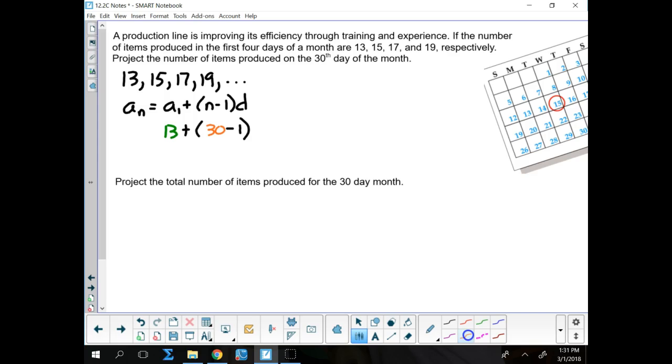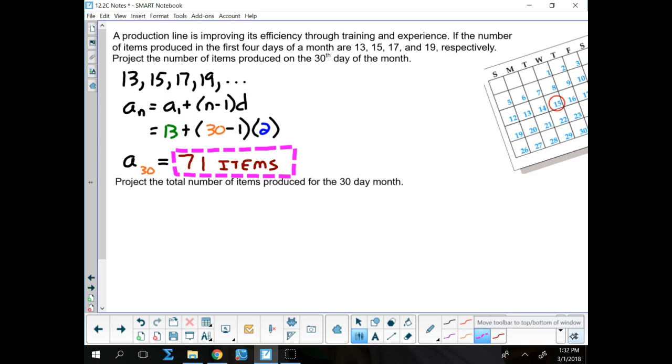Plus 2. So A sub 30 is going to equal 71. Yeah.